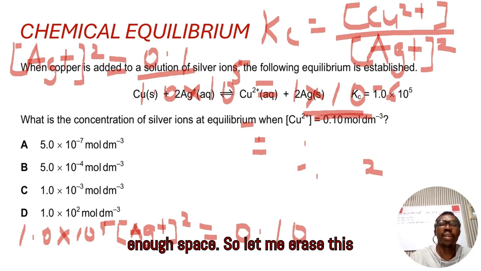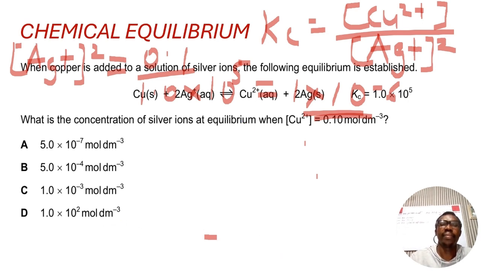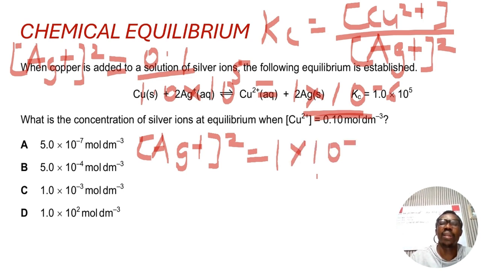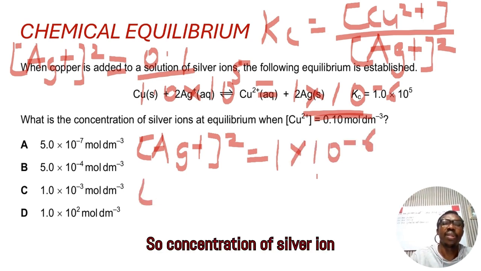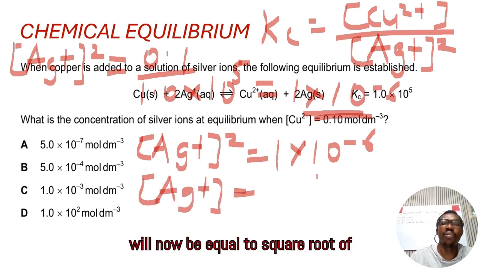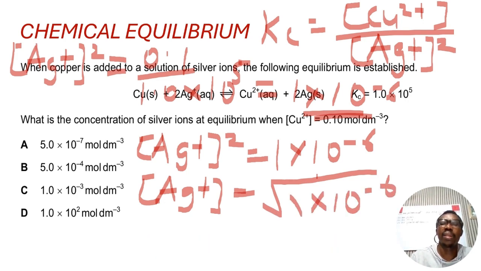So the concentration of silver ion all squared will be equal to 1 times 10 raised to power minus 6. So the concentration of silver ion will now be equal to the square root of 1 times 10 raised to power minus 6.